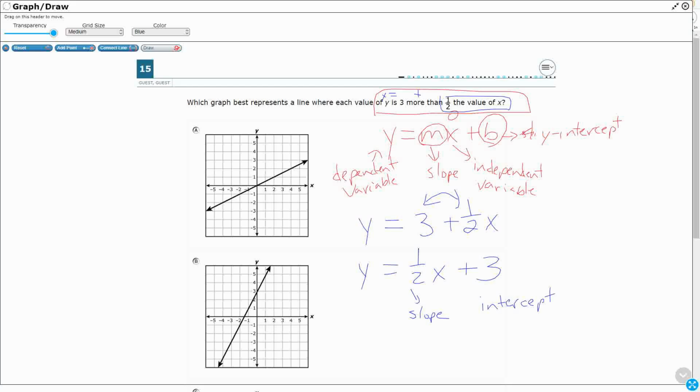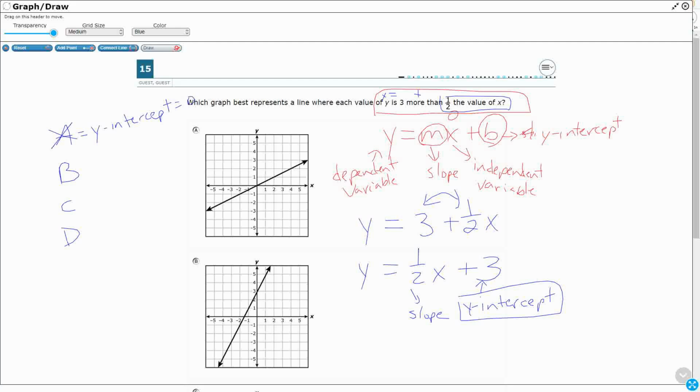All right, so now first, let's see if we can eliminate any answers, and I'm going to write them over here, A, B, C, D. If we know our slope-intercept form, we know that this 3 is our y-intercept, which means take a look at A. A's got a y-intercept of 0, so we are going to eliminate it because I want it to be 3.